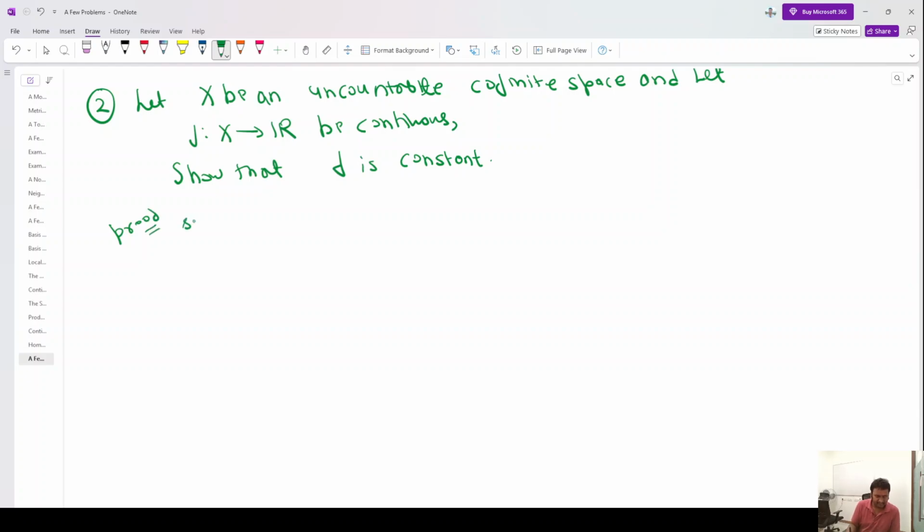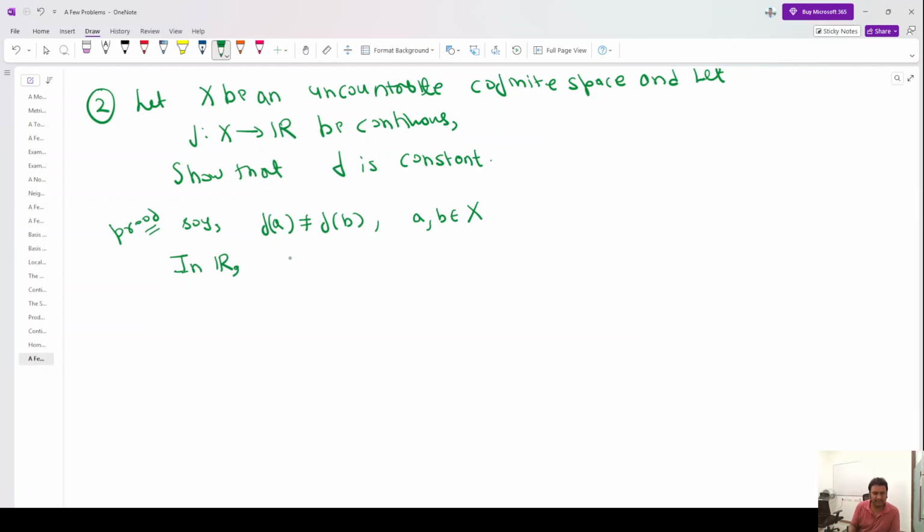So say you have 2 points, f of a not equal to f of b, where a, b belong to X. Okay, so what happens? What is the meaning of this? So see, in R you can do one thing.